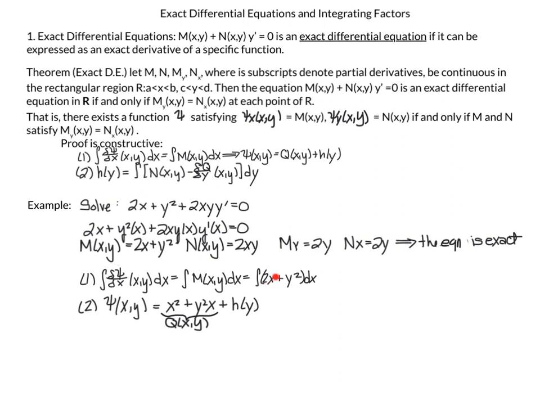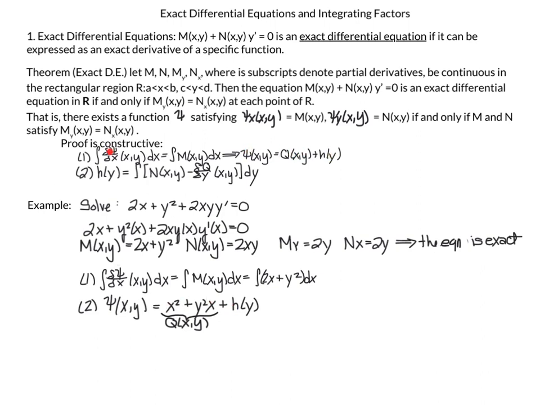And over here, with respect to x, I'm going to get my x squared and my x times y squared, plus some arbitrary function of y, right? So if h is just dependent on y, when we take the derivative, it will go to 0. So this is kind of like a constant because y is considered a constant. This here then, according to this method, will be my q of x,y.